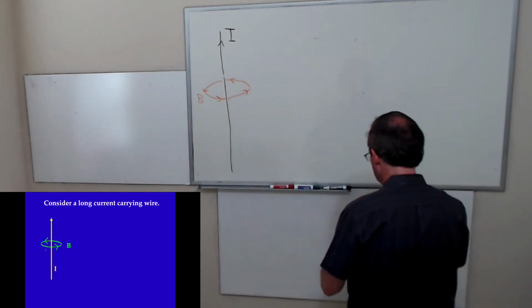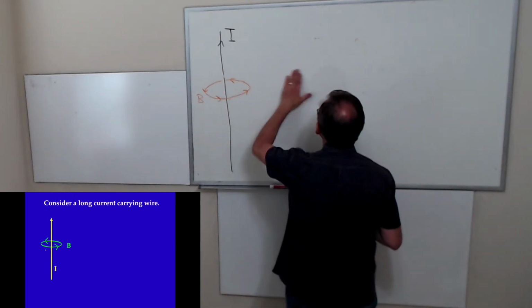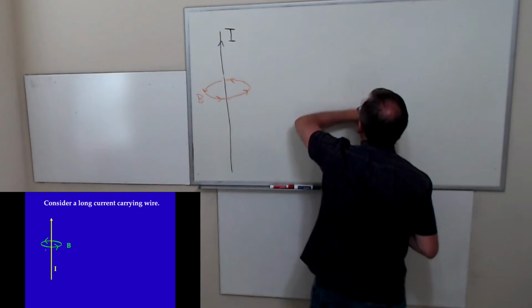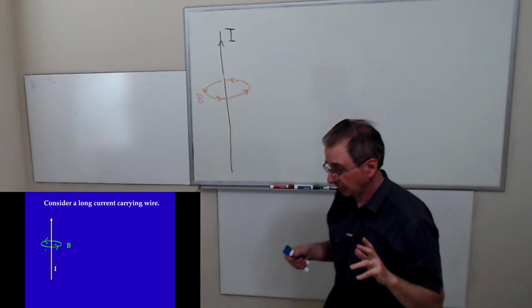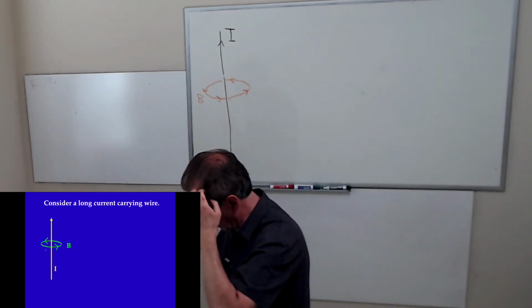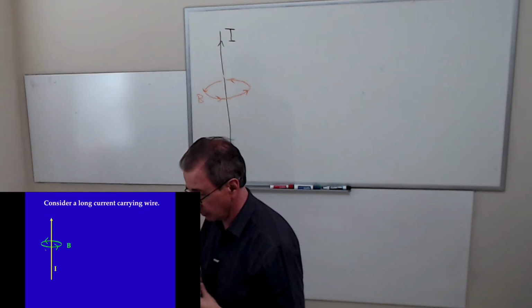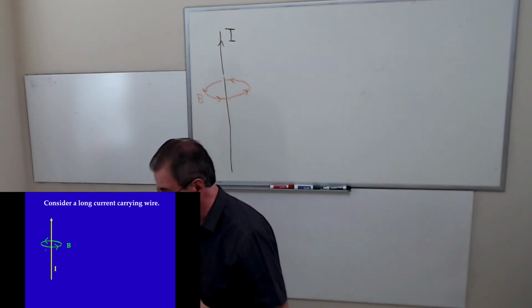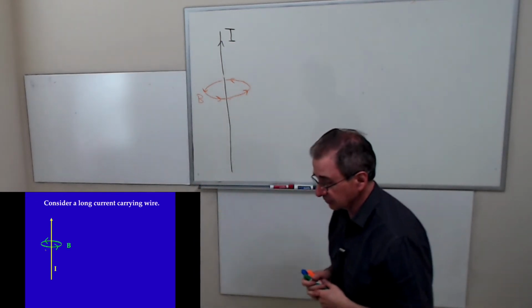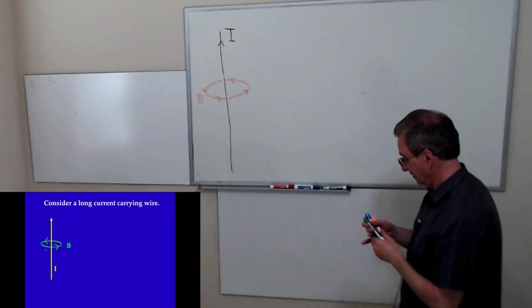Suppose I choose an imaginary loop, and what I'm going to say here is a lot of hand waving, because to actually derive this requires your knowledge of Stokes' theorem, which not everybody has. So I'm hand waving.